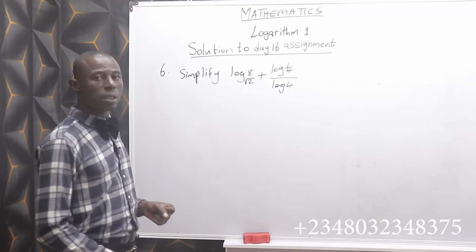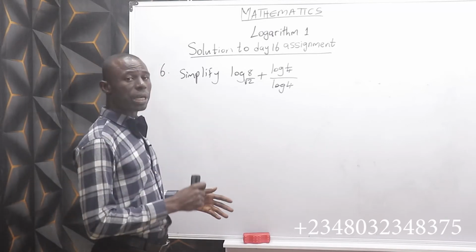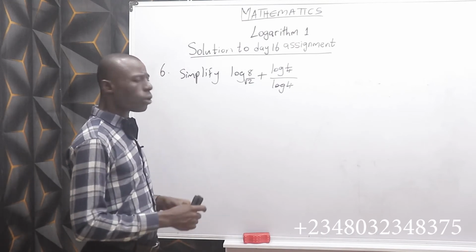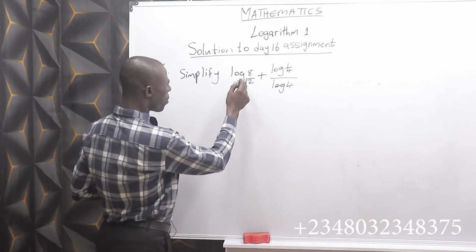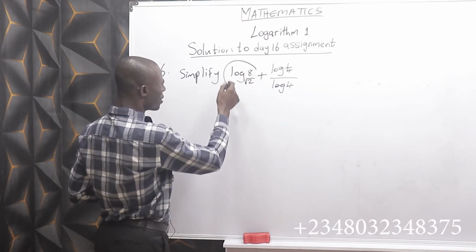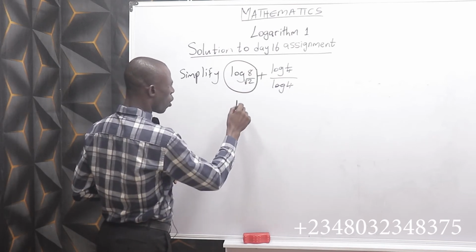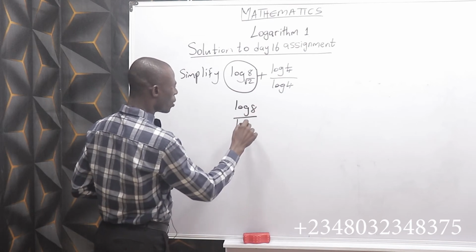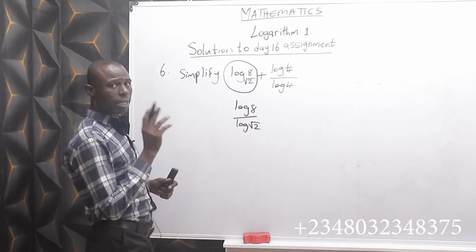Let's solve the last question in the assignment, question 6. Simplify log 8 base root 2 plus log 1 over 4 over log 4. Remember, you can turn this term to become log 8 over log root 2. Can you remember that law, the last law I gave to you?